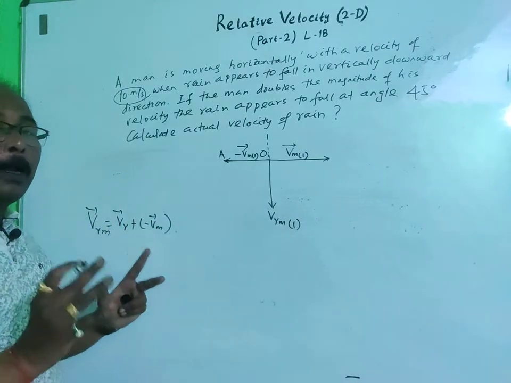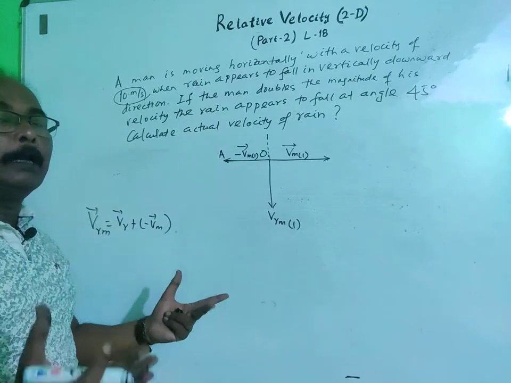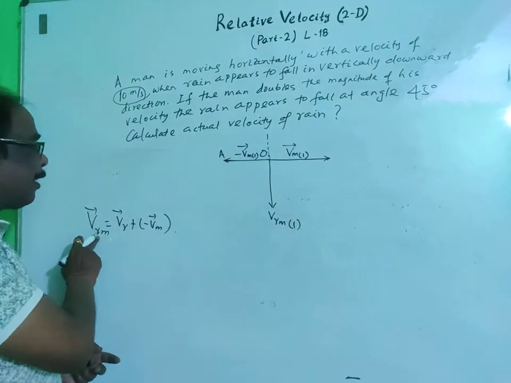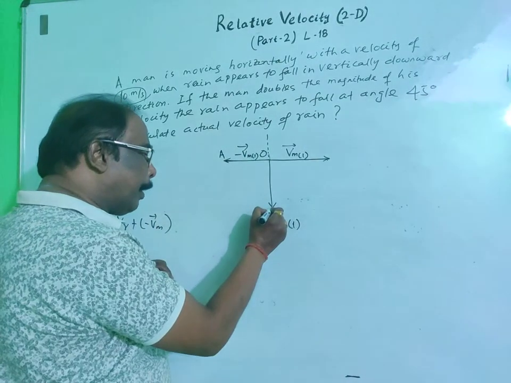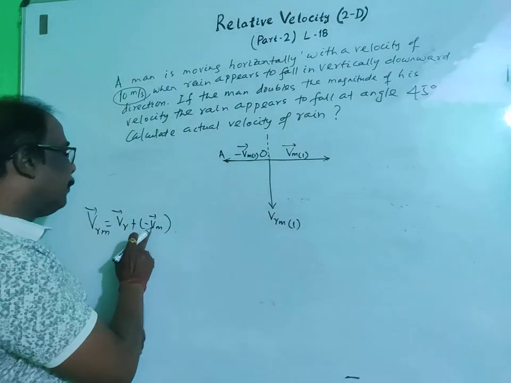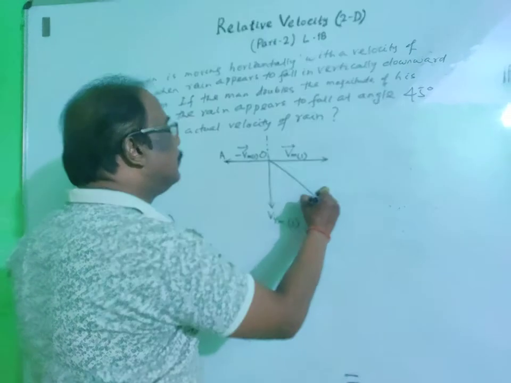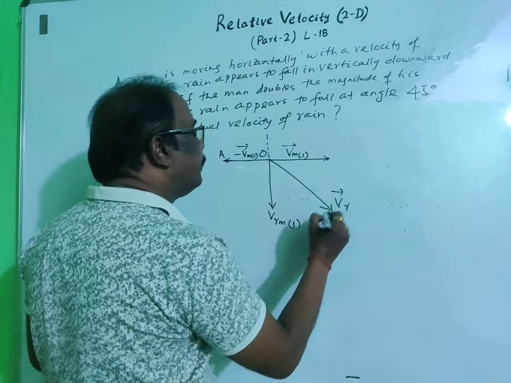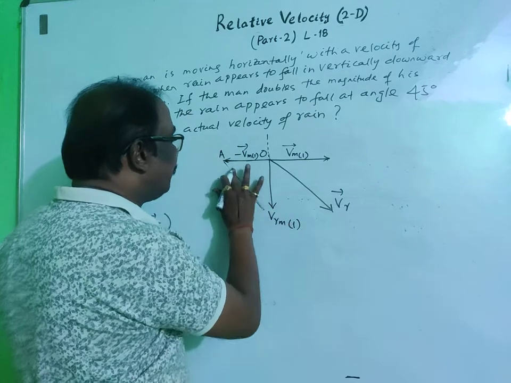If you follow parallelogram law, then minus Vm and Vr should be along two adjacent sides of a parallelogram, and Vrm is a diagonal. See, if this is diagonal of parallelogram, this is one adjacent side of parallelogram, minus Vm1, then obviously this is another adjacent side of parallelogram, which is Vr. Complete the parallelogram.